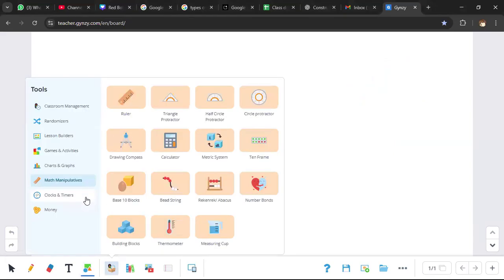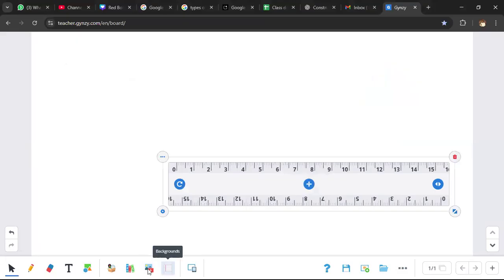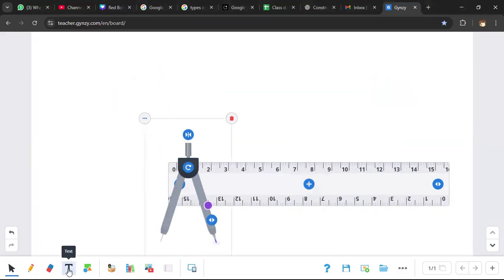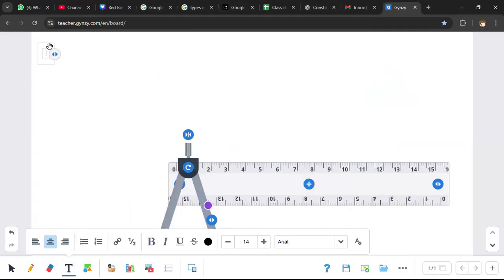So I will take my ruler and I will take my compass so that I am going to show you how to construct an equilateral triangle.